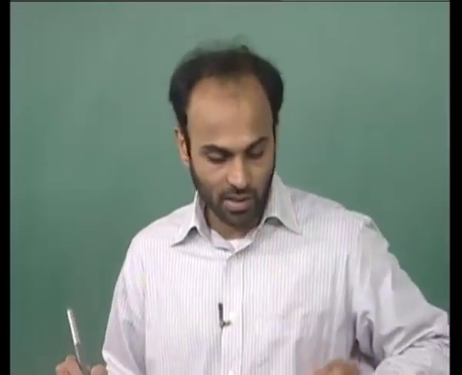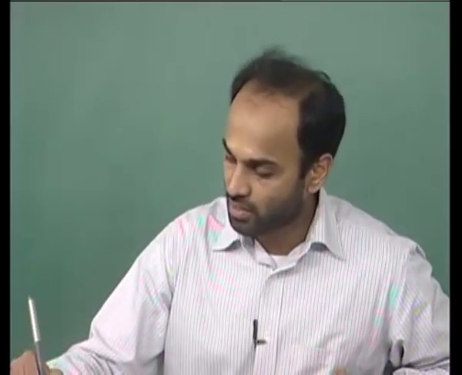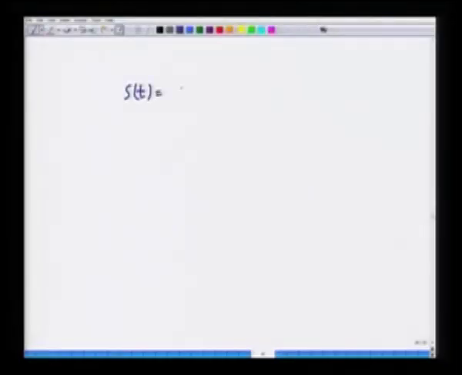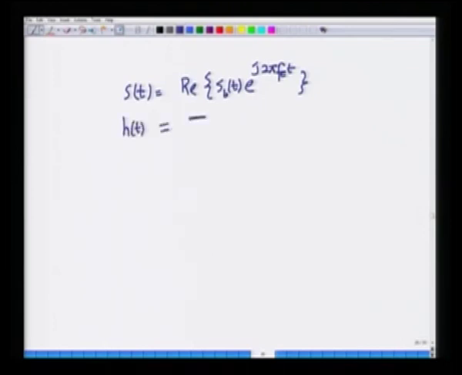All right. So, as we have seen so far, the transmitted signal s(t) can be represented as the real part of s_b(t) times e to the power of j 2 pi f_c t, and the wireless channel can be represented as the sum over i equals 0 to L minus 1 of a_i delta(tau minus tau_i), where a_i is the attenuation corresponding to the ith path and tau_i is the delay.